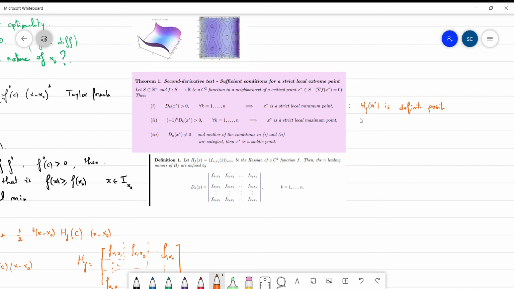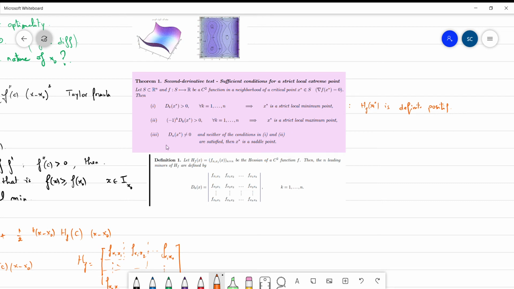Okay, so that's the terminology here; it's negative definite for the second situation. If the sign is alternating, then you have a strict local maximum. It's strict.